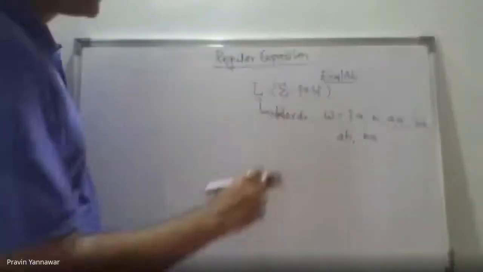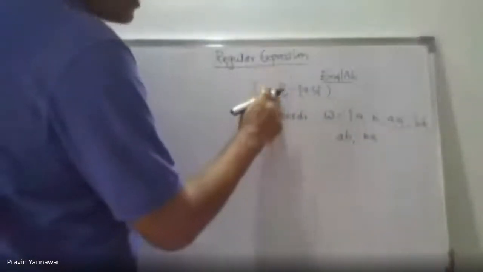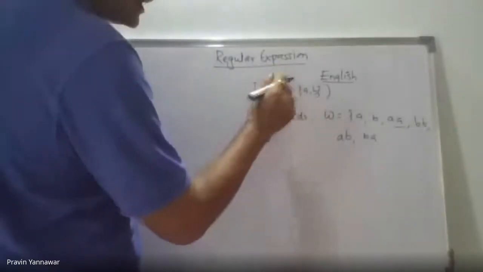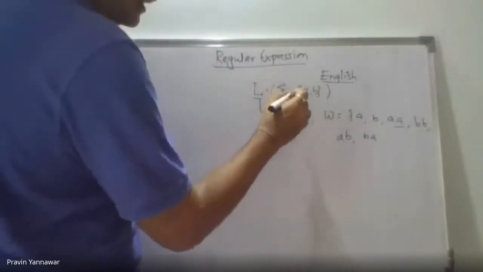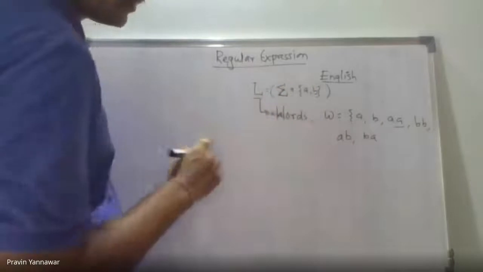No other symbol, because the set of alphabet sigma contains only two symbols.